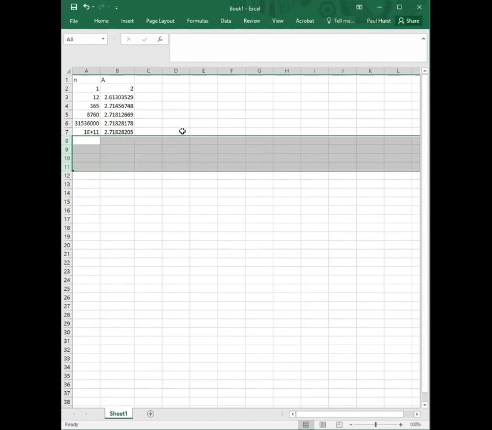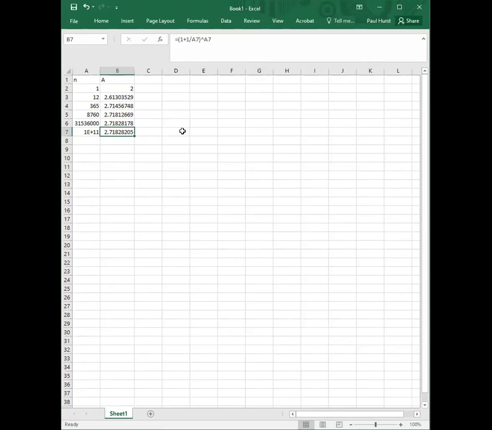It turns out that this is pretty much the limiting value, out to quite a few decimal places. So if you increase it, you're going toward this value here, 2.71828. Let's go back to the other document.